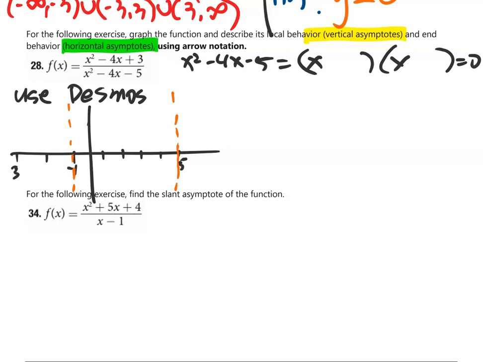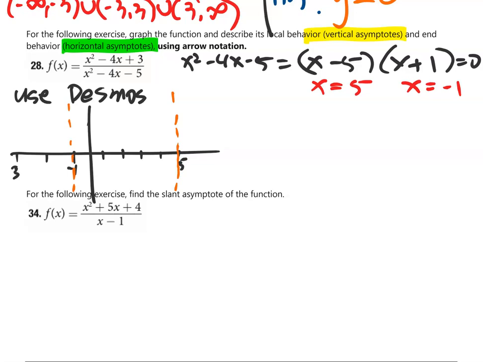Find two numbers whose product is -5 and whose sum is -4. That is -5 and +1. So when you set each factor to 0, x is equal to 5 and x is equal to -1. Thus you have these two vertical asymptotes.